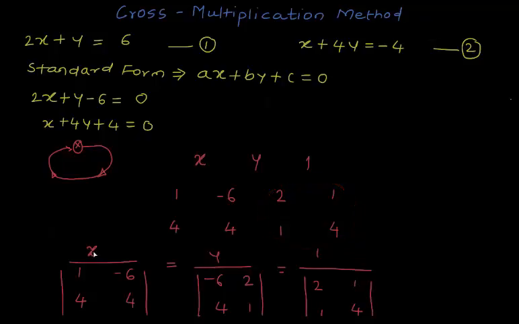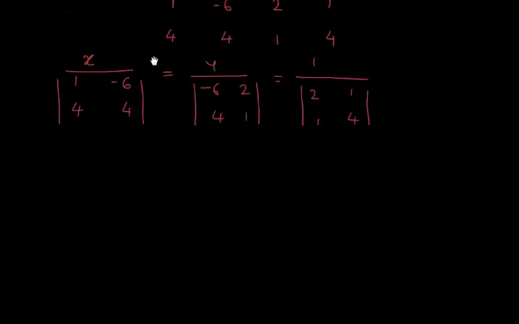If you observe carefully, x has coefficients other than itself, that means 1 and 4, minus 6 and 4. y has coefficients other than y, that means minus 6 and 4 and 2 and 1. And the constant term has coefficients of x and y, that means 2 and 1 and 1 and 4.